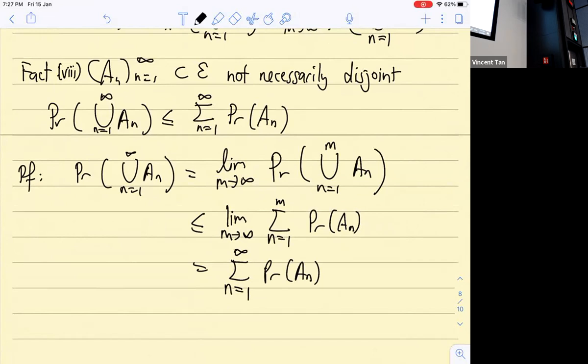So this has a name. This is called the union of events bound, or for short, union bound.